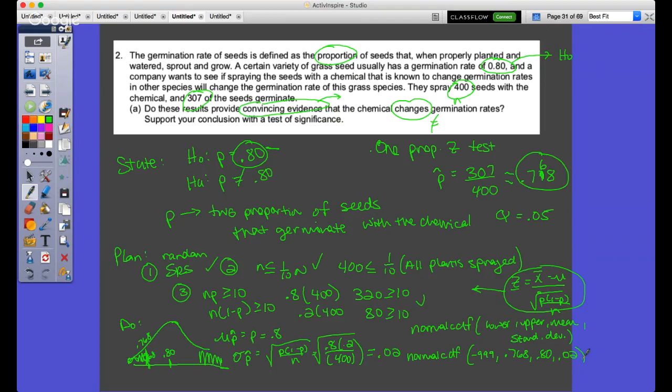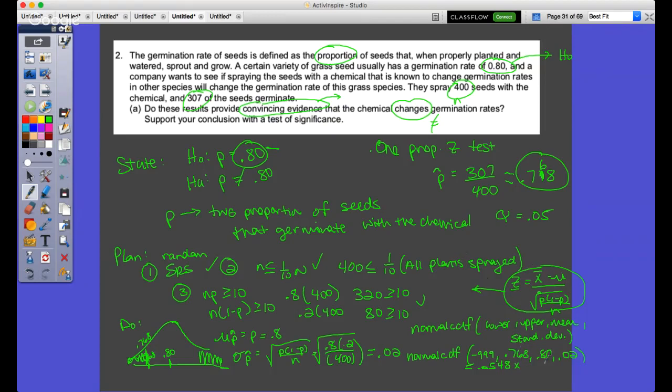Second distribution, normal CDF, negative 9999, comma 0.768, comma 0.8, comma 0.02. And there we are. In this one I got 0.0548.